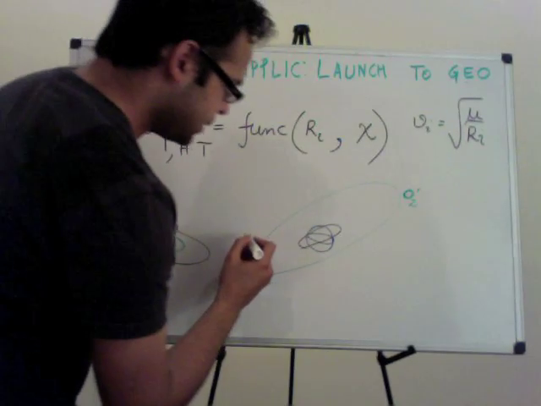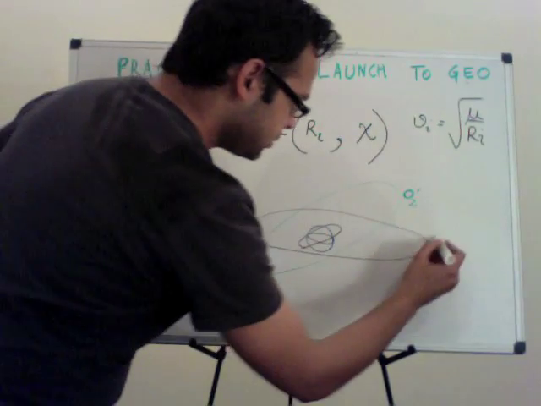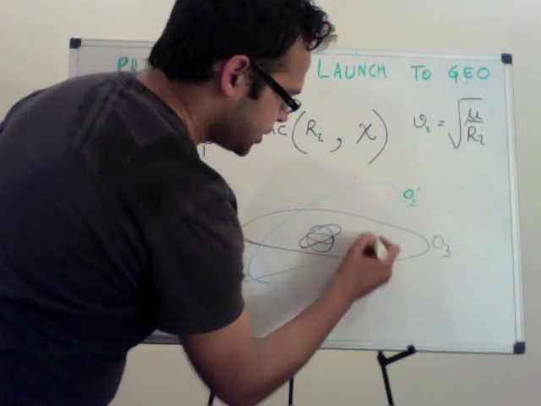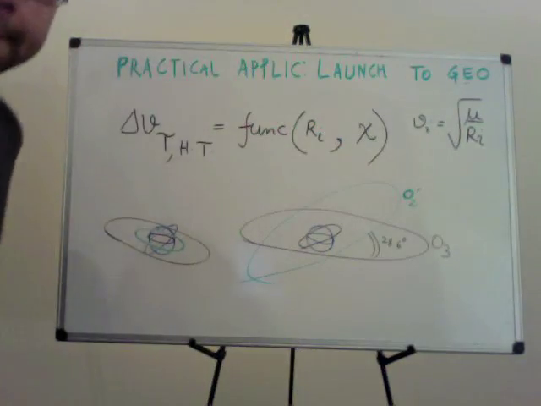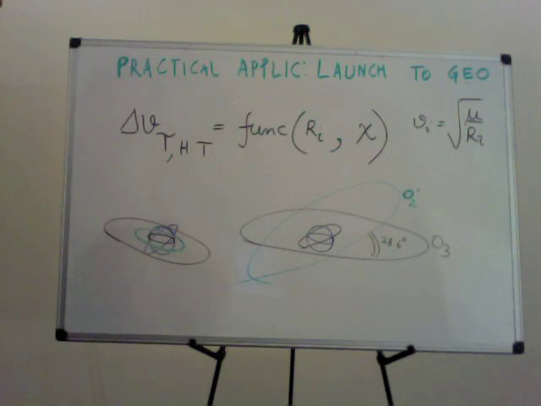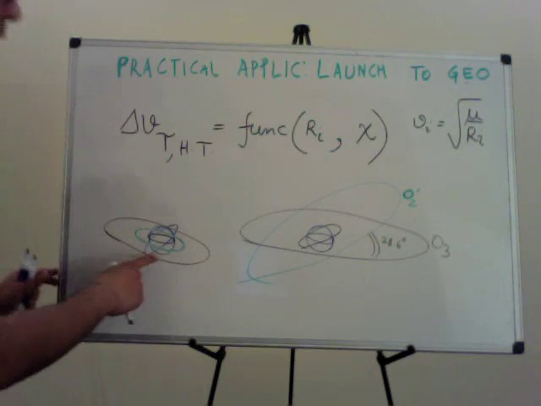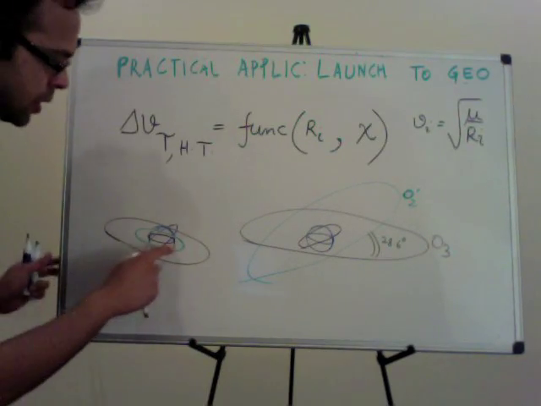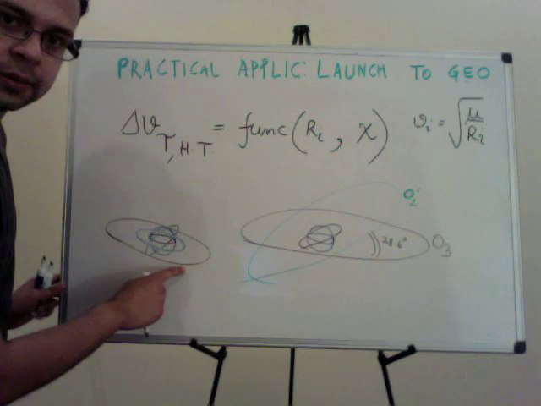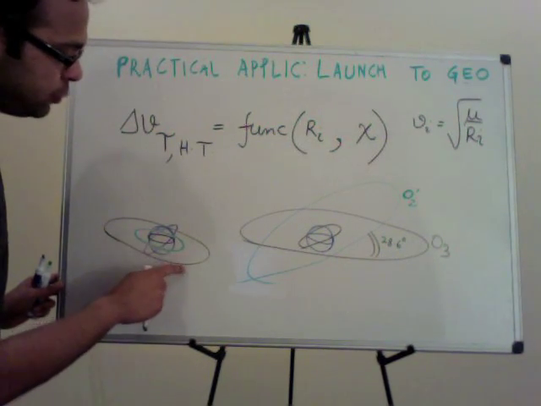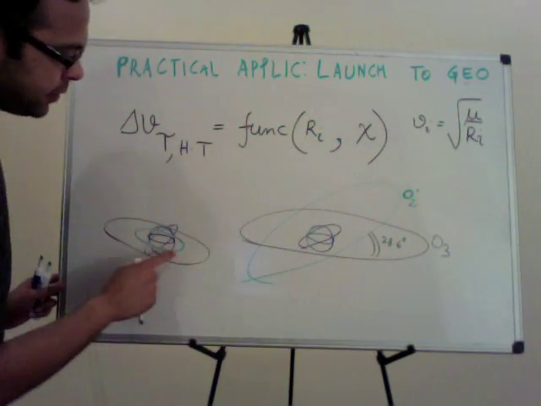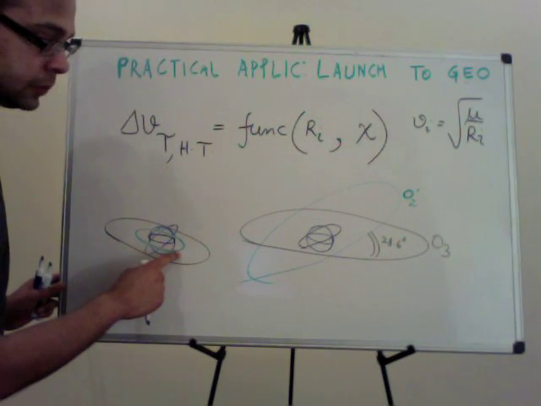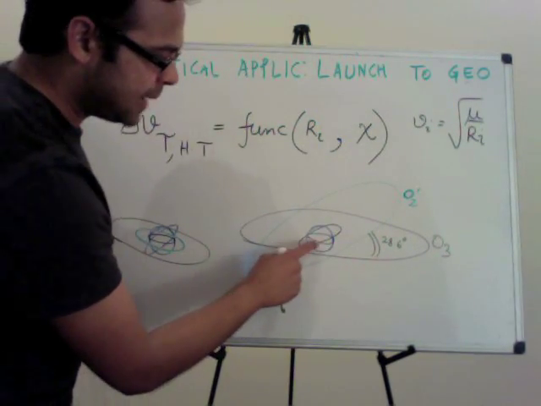The final orbit, O3, is GEO, so the difference here is 28.6 degrees. So in method A, here's the Hohmann transfer from green to black. Ri is the radius of green. Here, the Hohmann transfer is from black to green.